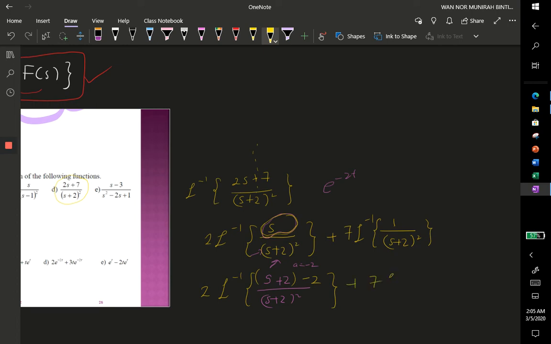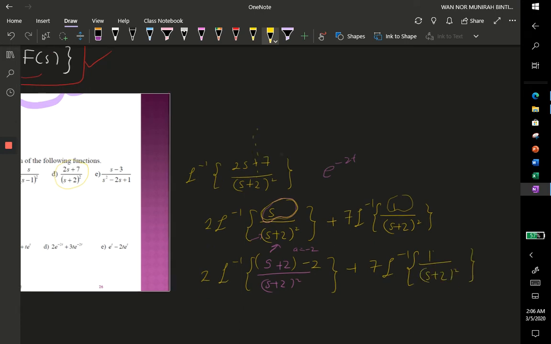Plus 7, Laplace inverse. This one, you just have a constant, so we don't really care about the constant. We just need to find the function when you have s at your numerator. So 1 is just 1, over (s plus 2) squared. Now we need to solve for this one.